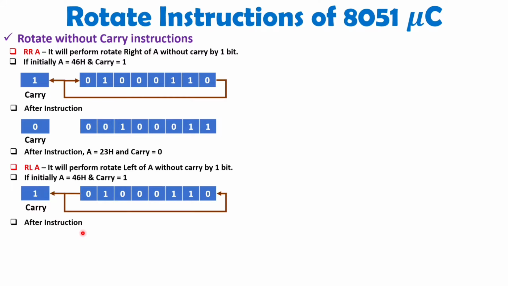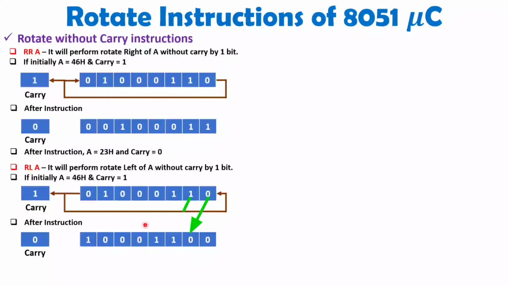So after execution this 0 will go in carry as well as this 0 will come here, and all these bits are getting shifted left by 1 bit. So here rotation is happening. The reason is this 0 that is coming here means rotation, and all these bits are getting shifted left.